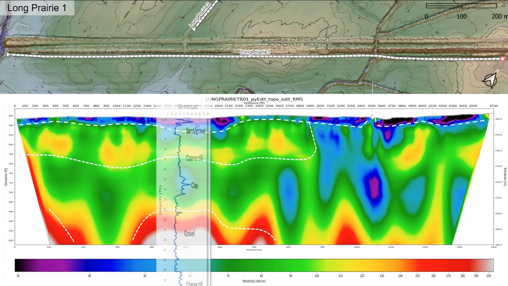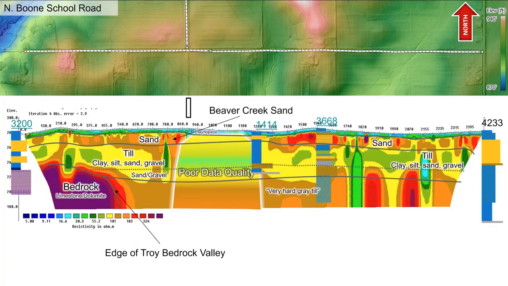And this is the same technology that we're going to use in the airborne project. This is just ground-based, and the airborne is using electrical energy to do the same thing. This is another one up near Capron, west of Capron along North Boone School Road. We ran a transect there, and we were able to clip the edge of that bedrock valley.